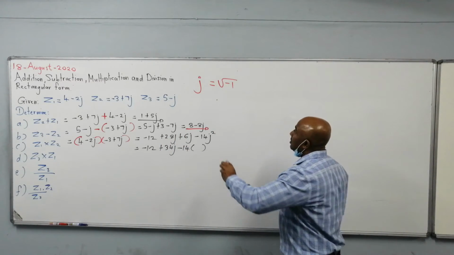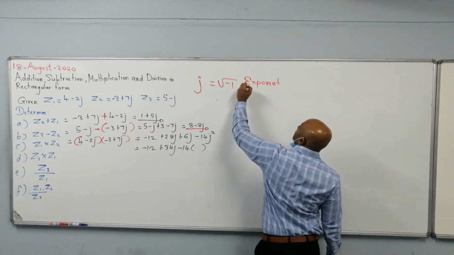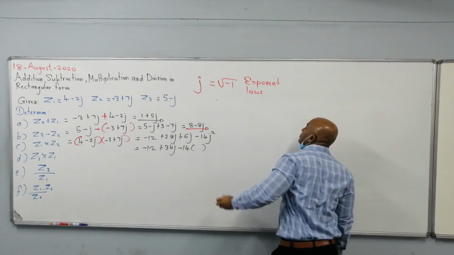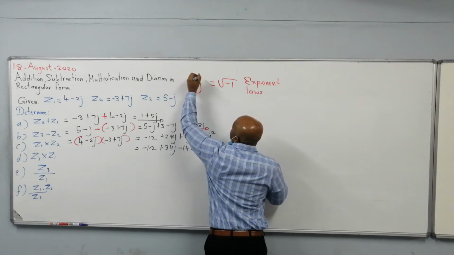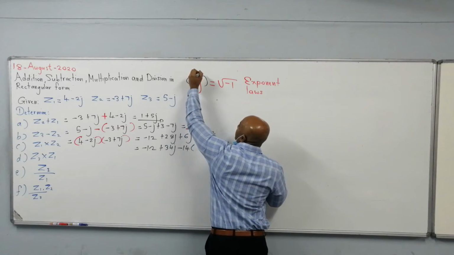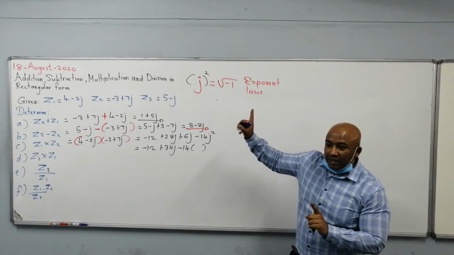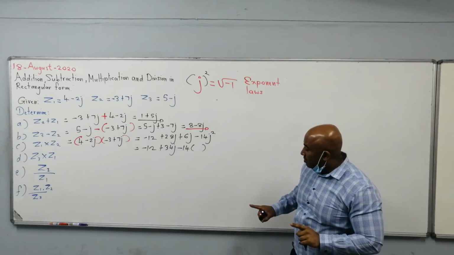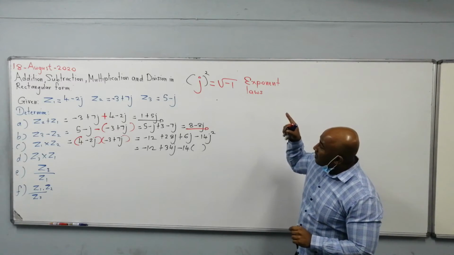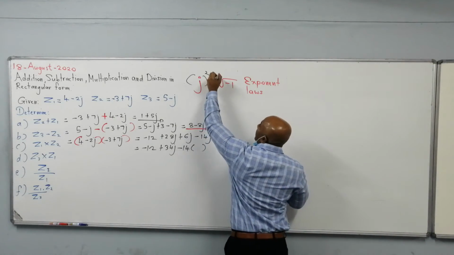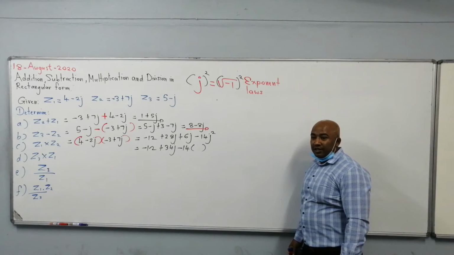So, exponent law. Now if I have to square j, that means I'm squaring the left hand side of that equation because this is what I want. I want to know what is the value of j squared. So if I square j on the left, that means I have to square the square root of negative 1 on the right.